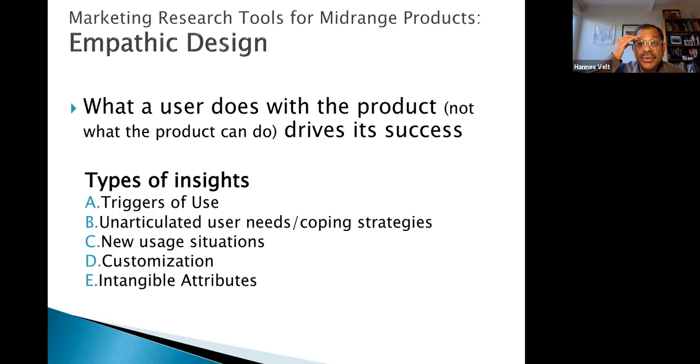Then you have to contact those customers in advance, request permission, and make it clear this is a research visit. There has to be no sales agenda, okay? Because you want to keep that separate. If the customer feels that you want an appointment to make a sales pitch, they may refuse to participate.